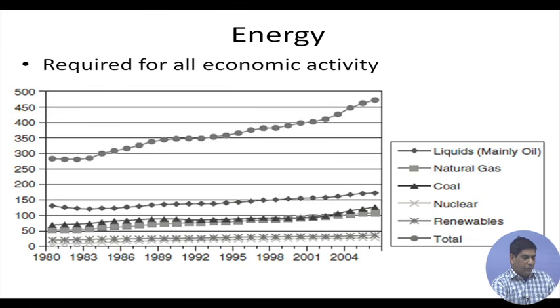Then in terms of the different contributions coming from different sources, coal still produces a lot of energy, which is the second line. The triangle is your coal, and then on top of that is natural gas. Natural gas is more than the coal. Then we have some supplies coming from nuclear and renewable, which is not that high, both of them at the bottom.